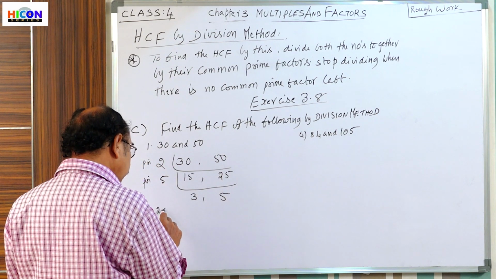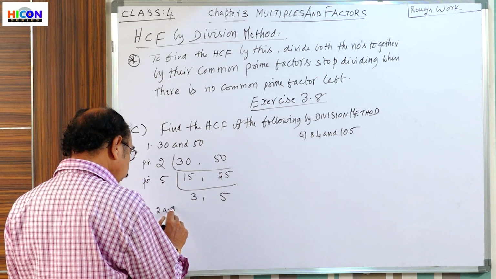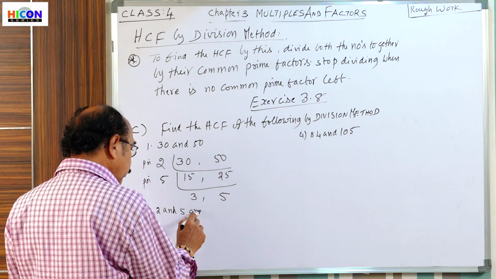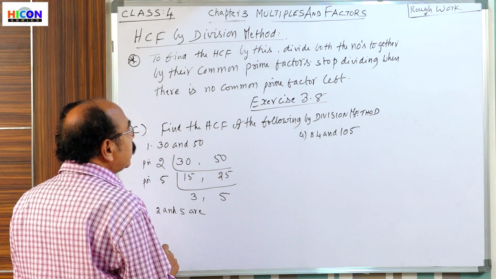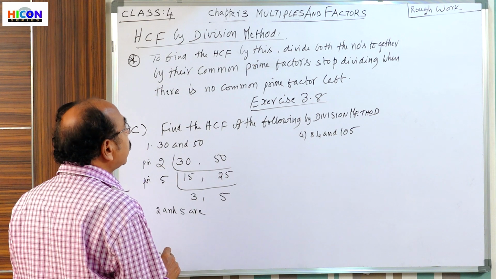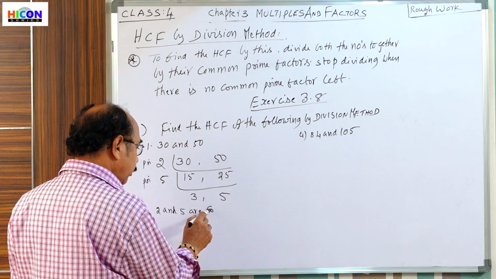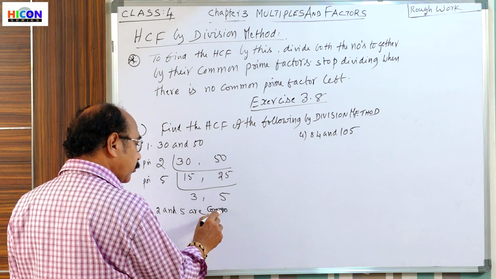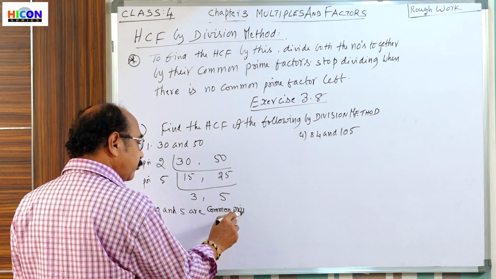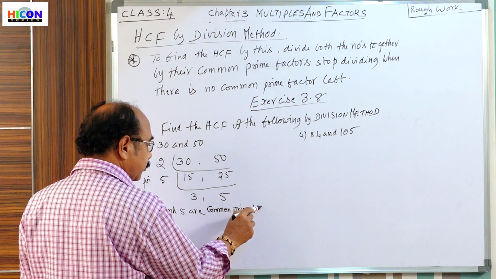So 2 and 5 are the common prime factors.